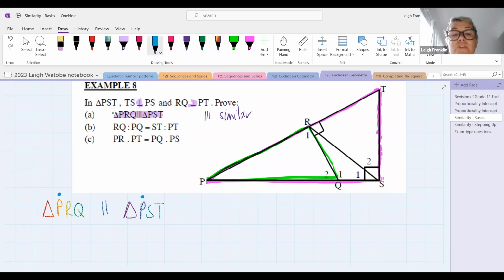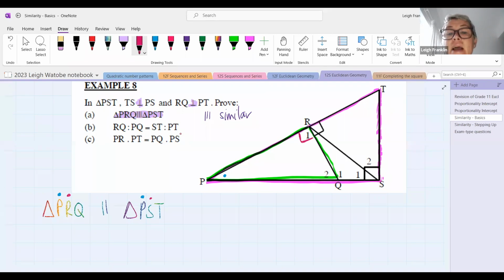And we can see that that's true because P is a common angle. They are also telling us that angle R in the one triangle is equal to angle S in the other triangle. All right, so in this case, it's angle R1 because adjacent angles on a straight line add up to 180 degrees. So if angle TRQ is 90, it means angle R1 is 90.